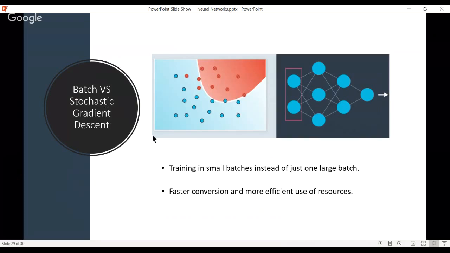Instead of using the whole data set in one epoch, suppose you have thousands or even millions of data points, and you run all of them through the network once and then backpropagate them all. It takes a lot of time, and until that training process is over, you don't know if you are going in the right direction or if you need to make any changes to the network.